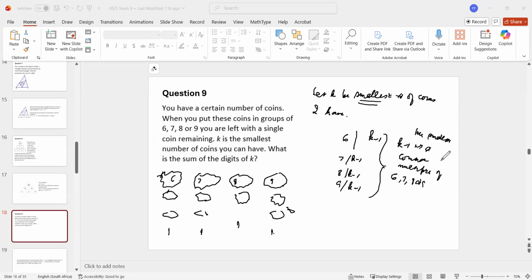Now there's a word for that. The smallest common multiple of a collection of numbers, therefore K minus 1, is equal to the LCM, that's the lowest common multiple, of 6, 7, 8, and 9. Now, I'm not going to go through how you calculate LCMs, but when you do calculate the LCM here, you get 504 for K minus 1.